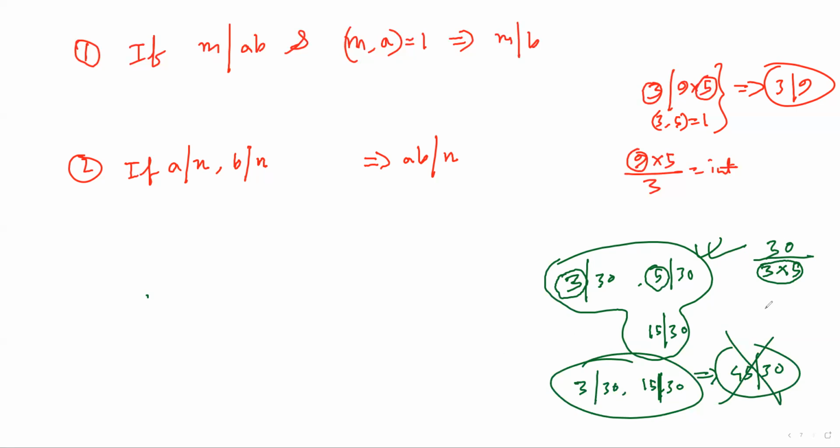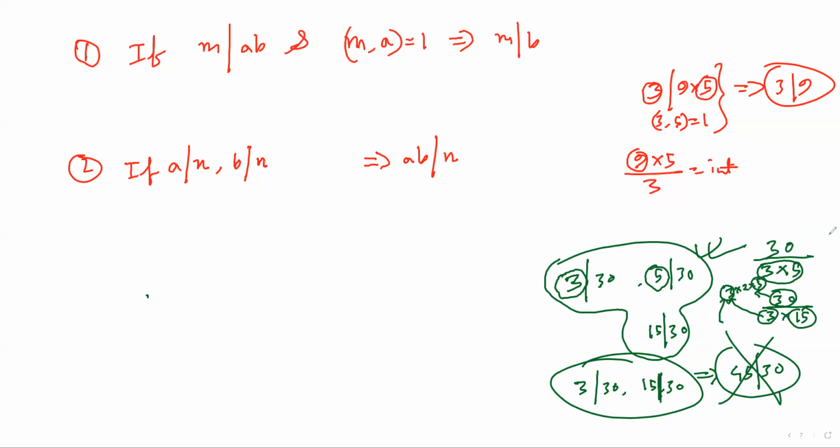But when you try to argue similarly for the situation below, 3 divides 30, 15 divides 30. 30 is actually 3 times 10, right? So when 3 divides 30, 3 divides this 3. And when 15 divides 30, let's write 10 as 2 times 5, so 15 actually uses the same 3 and this 5.